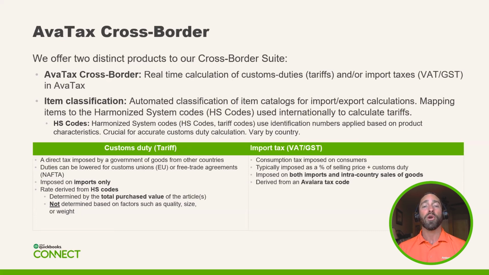And HS codes are harmonized system codes, tariff codes used to identify numbers applied based on the product characteristics. Now you have to have this, you have to have it accurate, and it's also going to be key for the buyer experience. Because what you don't want to do is make a sale and then you ship it all the way over to their country, and then they get hit with $250 to actually accept it.